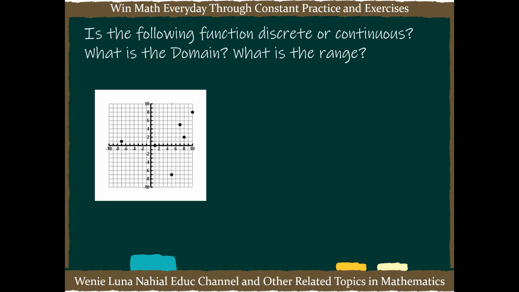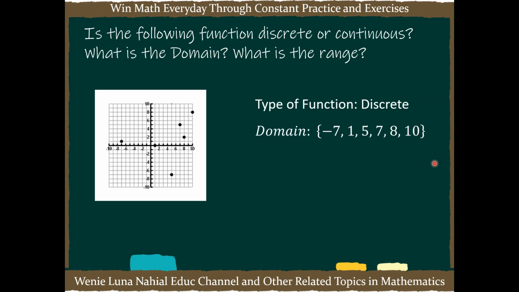What about this one? Is the following function discrete or continuous? What is the domain? What is the range? Now, we can see the individual points. And by that, we can easily say that this one is discrete. Type of function, discrete. What is the domain? So domain, that is the set of the x coordinates of the points. You can see this point here has an x coordinate that is -7.